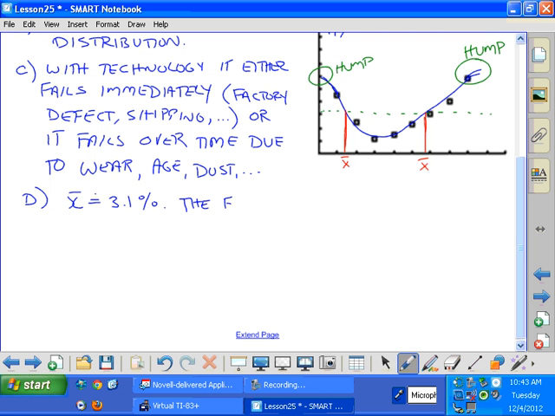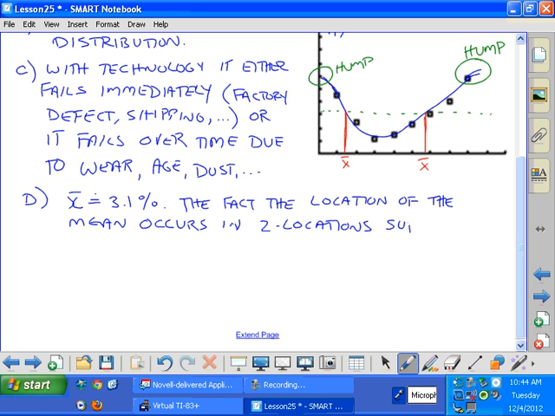So the fact that the location of the mean occurs in two locations supports our initial analysis of a bimodal distribution. So it's just supporting evidence for us.